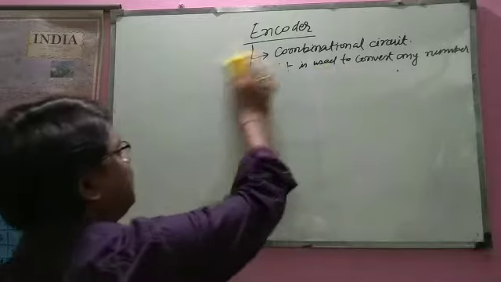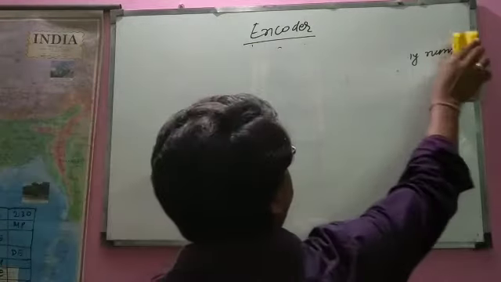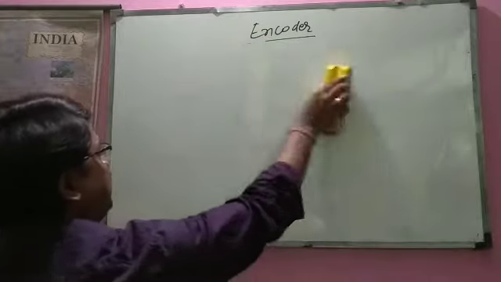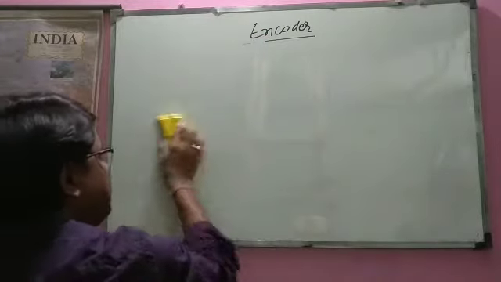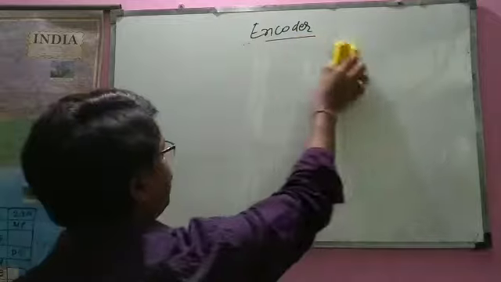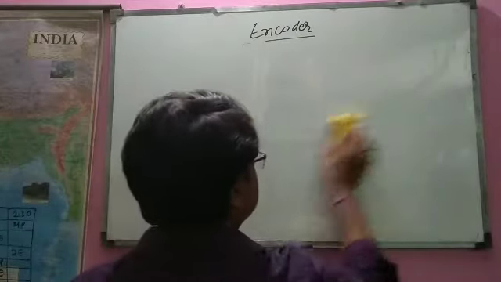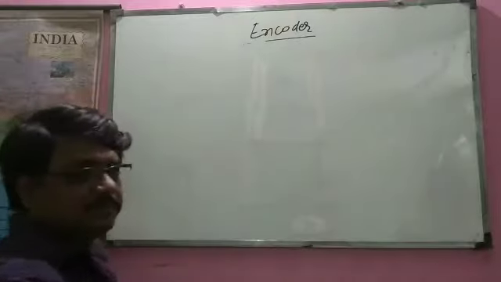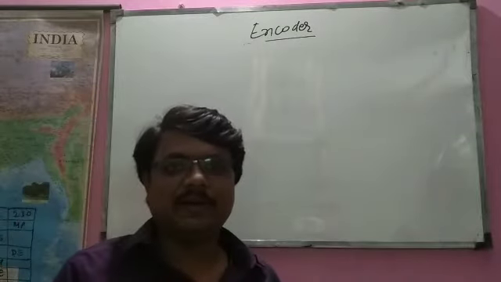And there are more examples of encoder. Let us suppose there is a keyboard. If someone presses any key of the keyboard, what happens? It generates a binary number corresponding to that.